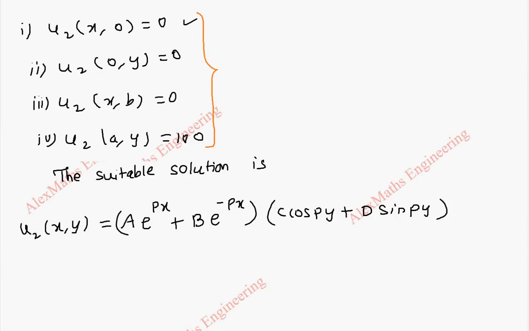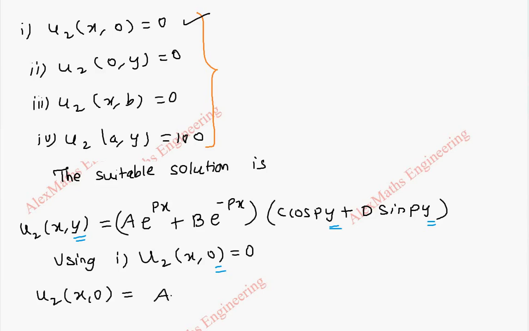Now I am going to use the first condition, that is u2 of x comma 0 is 0. So wherever y is there, we have to substitute 0. So u2 of x comma 0 becomes (a e^(px) plus b e^(-px)) into, when y is 0, cos 0 is 1 and sin 0 is 0.